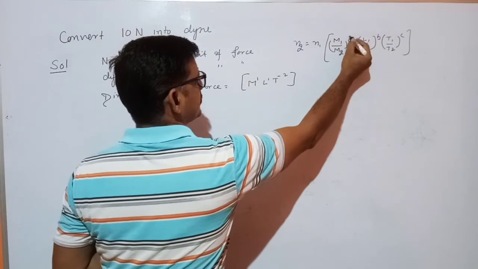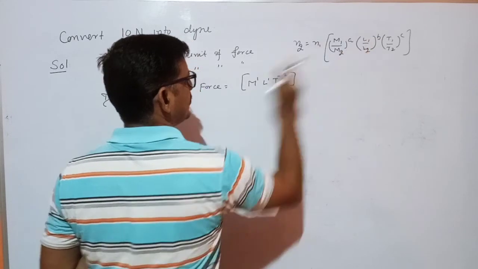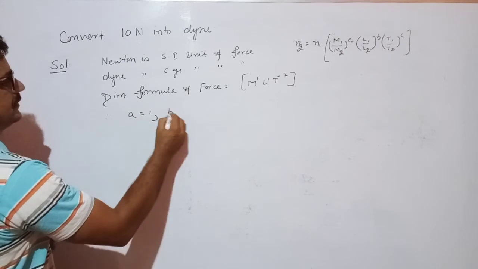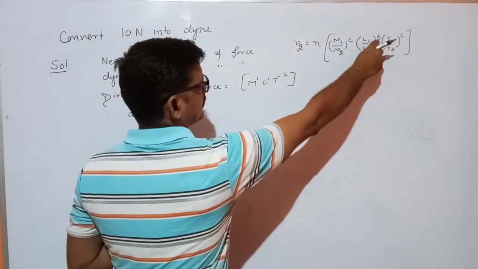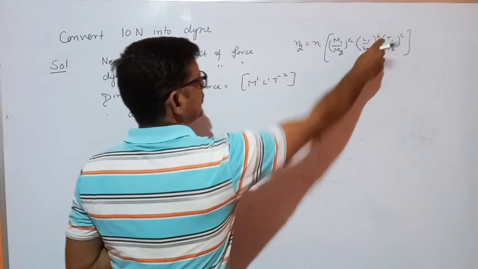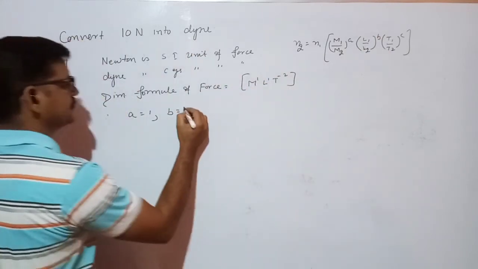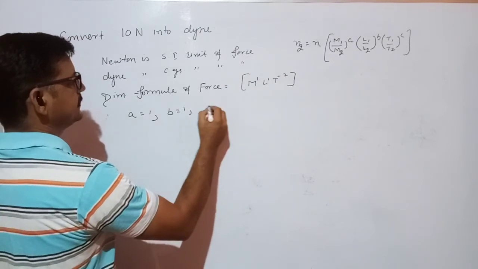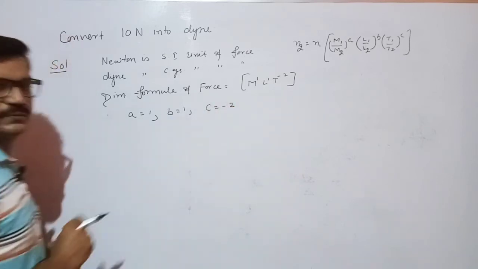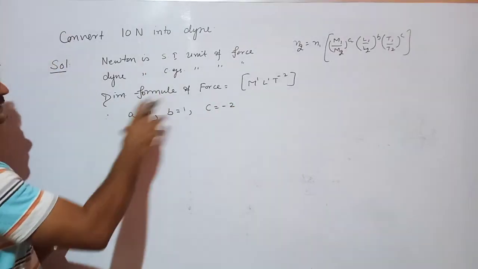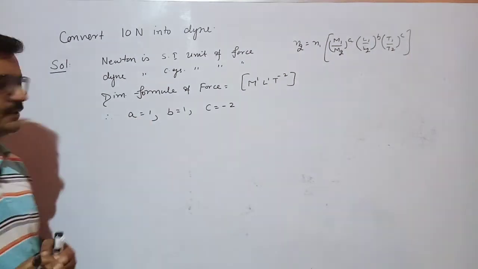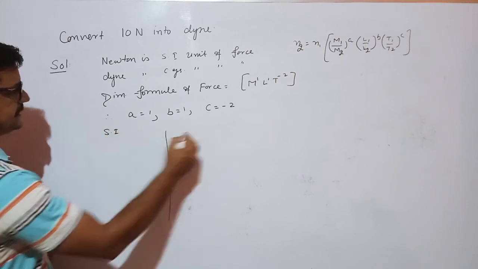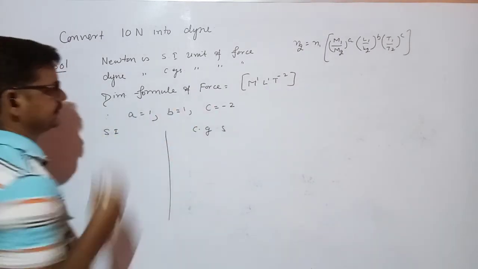If you see the dimension of mass, here it is A, and here it is 1. So therefore A is equal to 1. Similarly for length, B is equal to 1, and for time, C is equal to minus 2. So we have found the dimensions of mass, length and time. Now we have to convert SI system into CGS system.